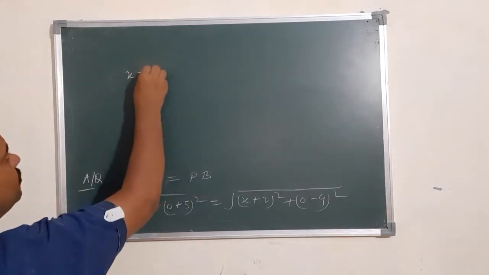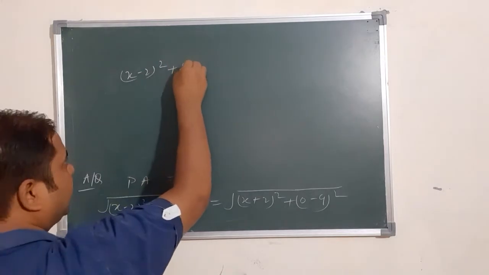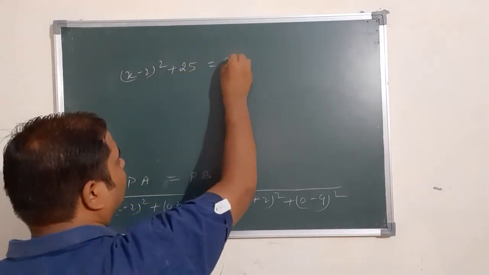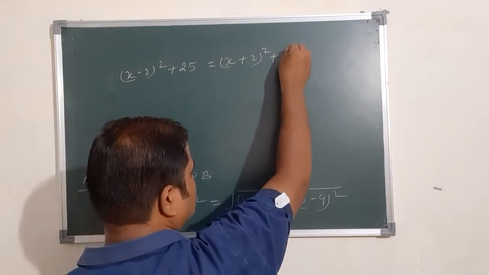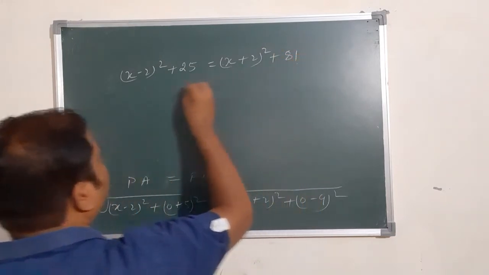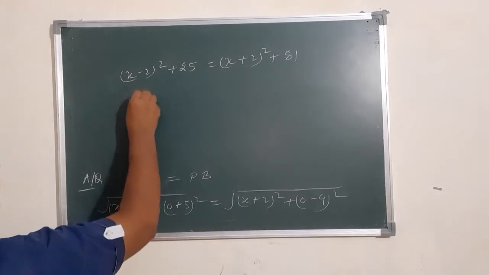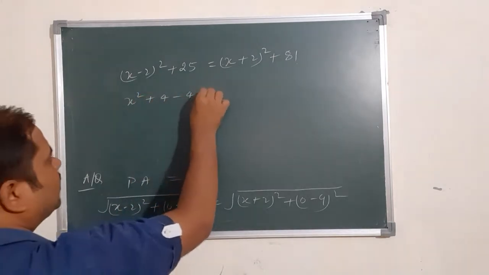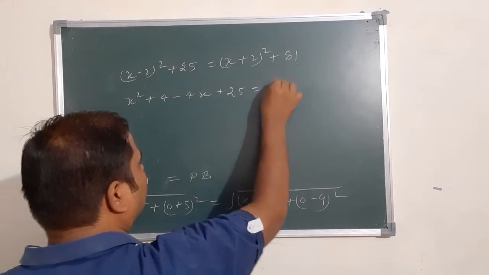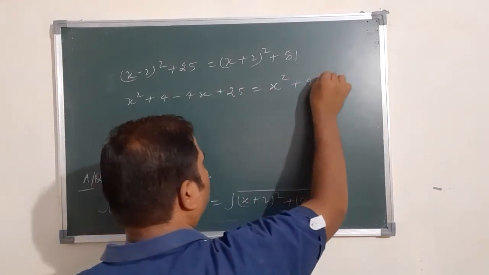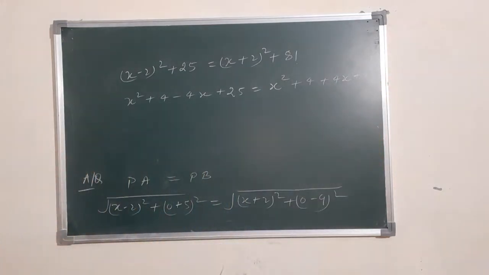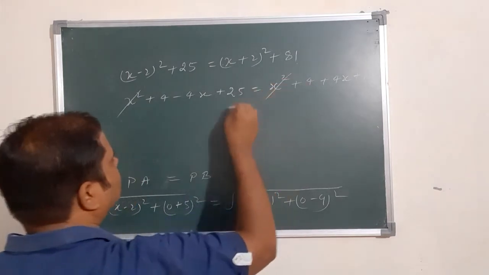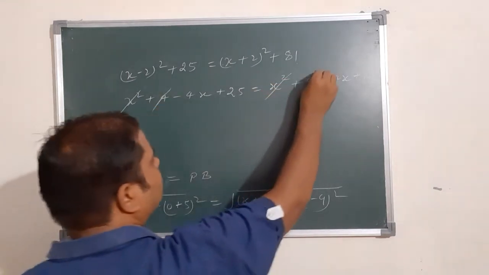So (x - 2) whole square plus 25 is equal to (x + 2) whole square plus 9 nines are 81. So we will have x square + 4 - 4x + 25 = x square + 4 + 4x + 81. x square is cancelled out. 4 is cancelled out.